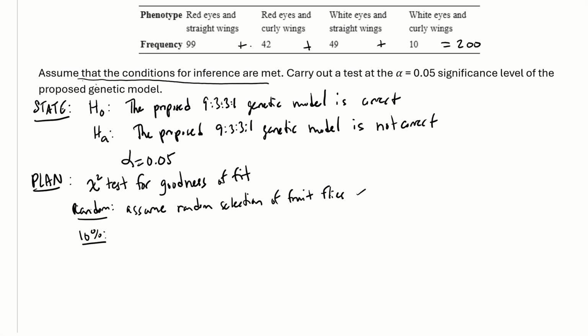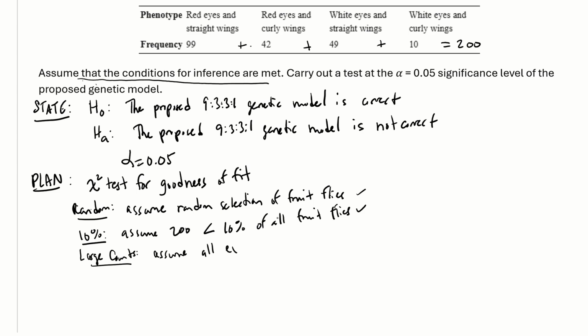So assume that 200 is less than 10% of all fruit flies. And then we've got the large counts: assume all expected counts are greater than or equal to 5.